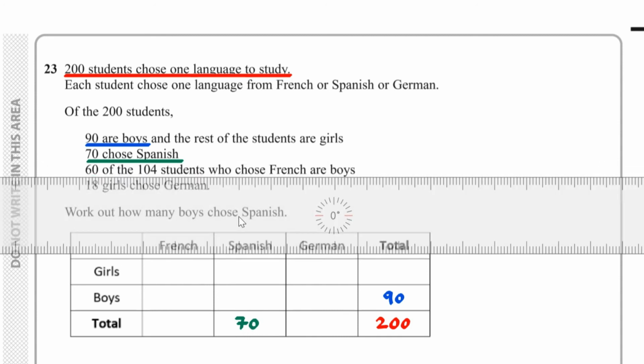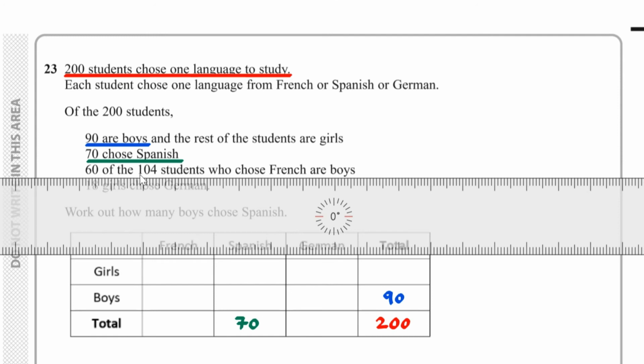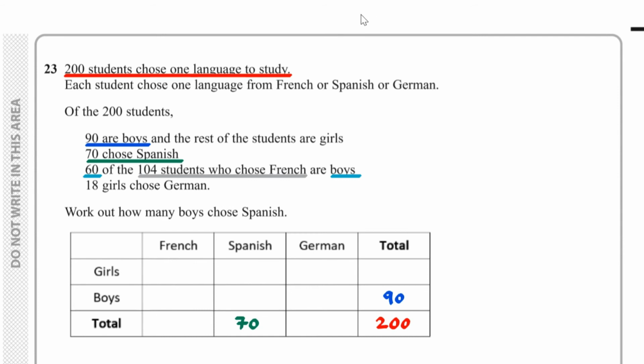Then we know that 60 of the 104 students who chose French are boys. So we've got 104 students in total who study French, and 60 of them are boys.